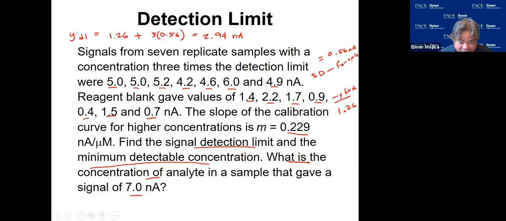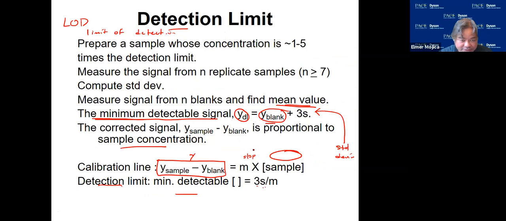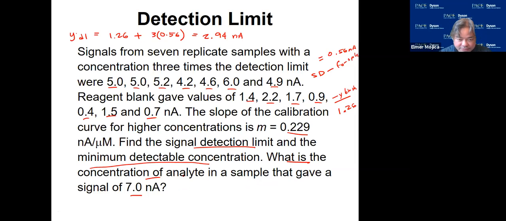Now, the next thing being asked here is the minimum detectable concentration. So that's the detection limit, the minimum detectable. This is 3s divided by m. Remember, they give you the m here. So that would be 3 times 0.56 divided by 0.229.